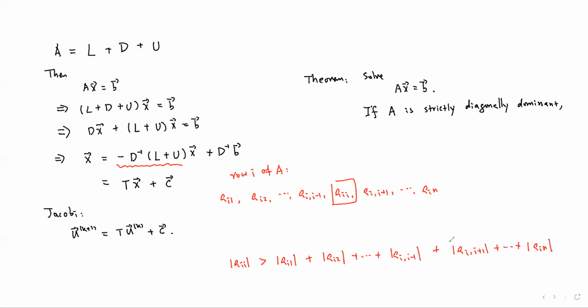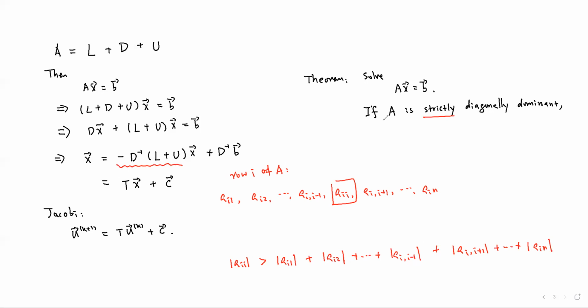This is row i. If for each i from 1 to n we have this inequality, then the matrix is called strictly diagonally dominant.